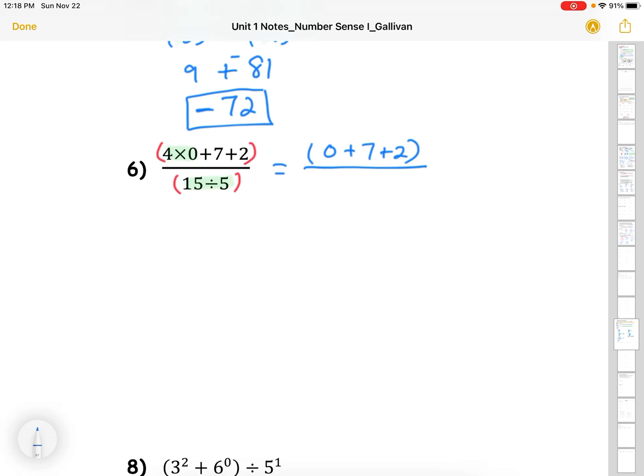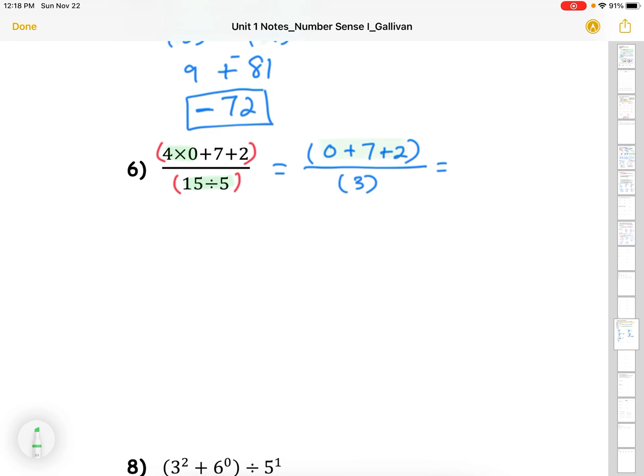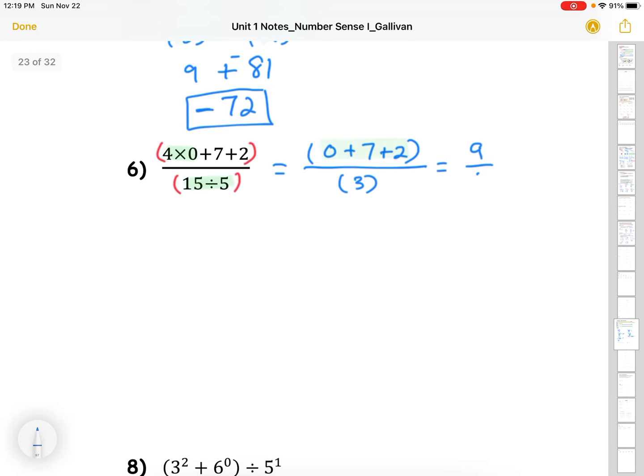And 15 divided by 5 is 3. Now, I don't have anything left to do on the bottom, but now I can add straight across from left to right on the top. So 0 plus 7 plus 2 is 9, and 9 over, and I still have my 3 on the bottom. My last step, 9 divided by 3 is 3.